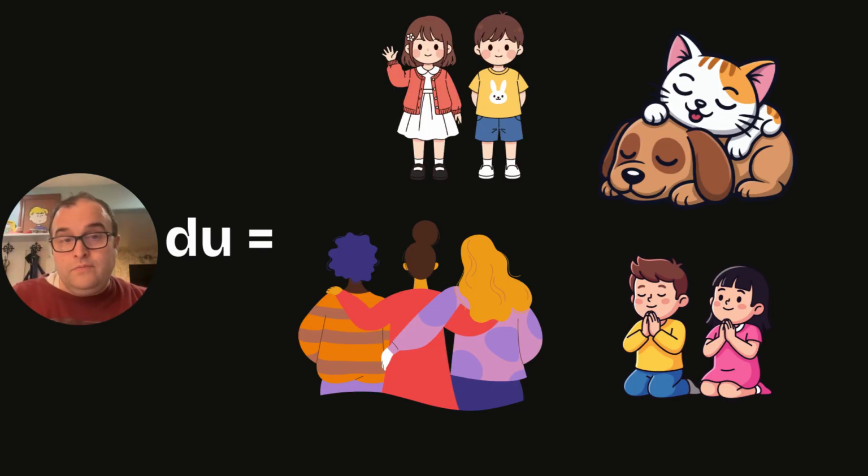Okay, so du, I've provided some visuals to help you with this. When you're speaking to small children, you can use the du form. If it's a group of children, you actually use the ihr form, but we're just going to focus on du and Sie for right now. If you're speaking to animals, use the du form. If someone has a dog, they use du with their dog, and a lot of Germans do have dogs. You use it with your friends, people your own age, people you know, as a sign of your closeness, your friendship.